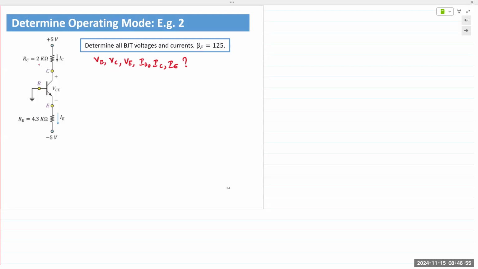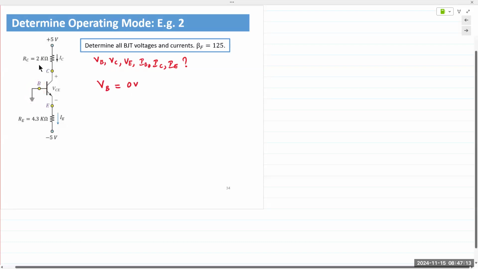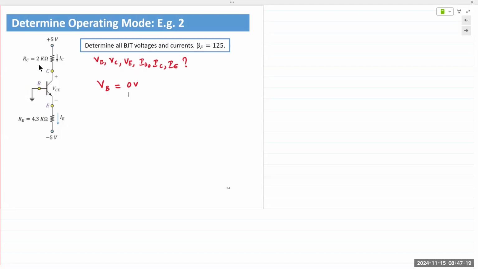So we can begin by inspection. The first thing I notice is that the base is connected to ground. That means VB is 0 volts. I don't know the voltage of the emitter, but I can see the emitter is connected to a negative 5 volt supply through the RE resistor.